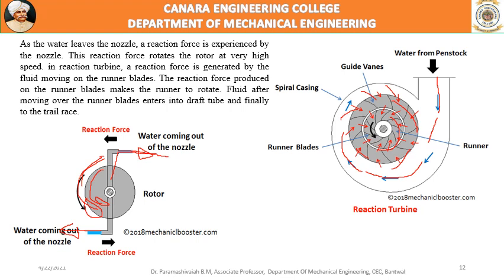When heavy mass of water flows over this, the pressure increases. Whatever pressure is applied on these blades, these blades are stationary and give a particular direction for the water to flow. Therefore they are called guide blades or guide vanes.